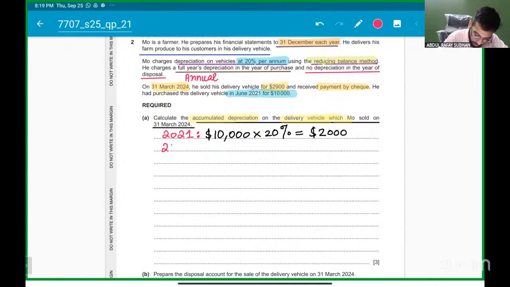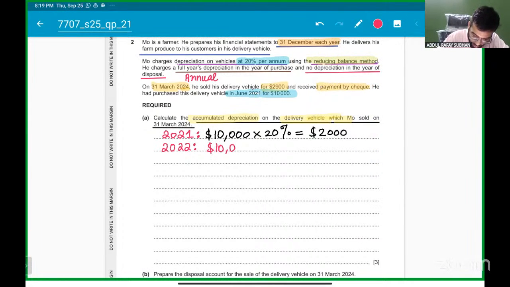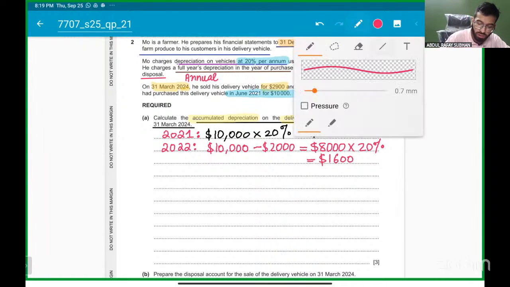Then in 2022, it will be the reducing balance method. Cost minus depreciation is equal to net book value, which is 8,000. 8,000 multiplied by 20% will be 1,600. That's the second year depreciation for 2022, students.